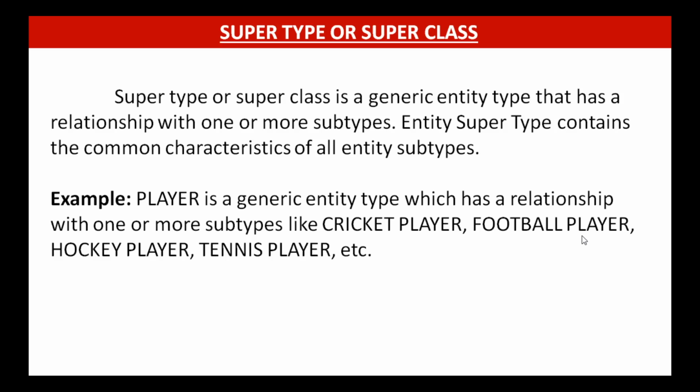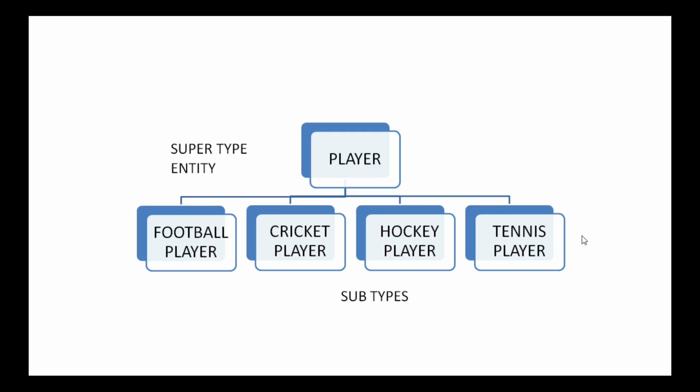So it is a super entity type which contains all the common characteristics of cricket player, football player, hockey player and tennis player. Just see this diagram. Player is the entity supertype with the common characteristics, and football player, cricket player, hockey player and tennis player all come from the entity supertype. Those are known as entity subtypes.